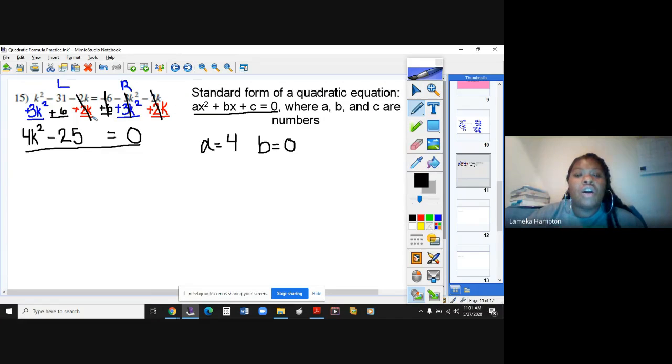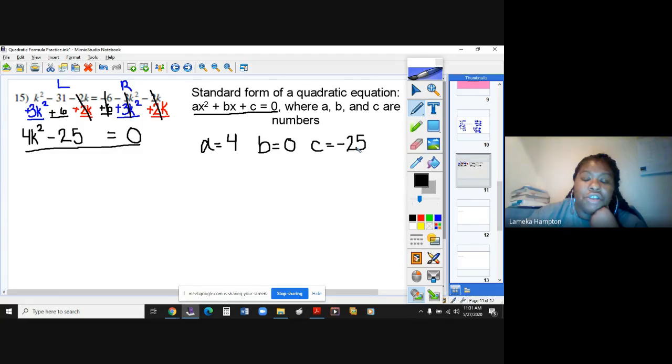Now, for all intents and purposes, I am going to go ahead and use 0 here. I'm not going to leave it out of the equation simply because it's a part of the equation, if that makes sense. Okay. And for C, I have negative 25. Now, if all goes according to plan, this is not going to be hard. It's going to be real simple.